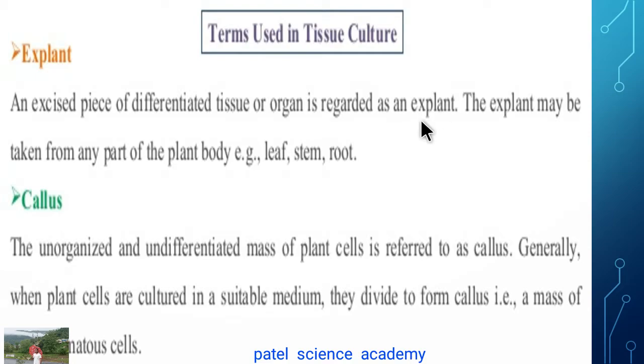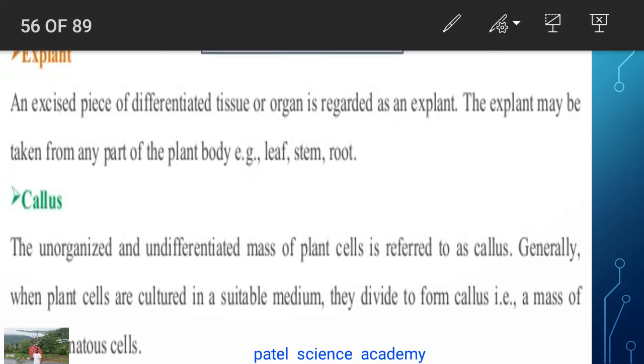Explant means the piece we have collected from the mother plant, as a cell, as a tissue, or as an organ. Whatever you have collected from the mother plant for the tissue culture, it is called explant.